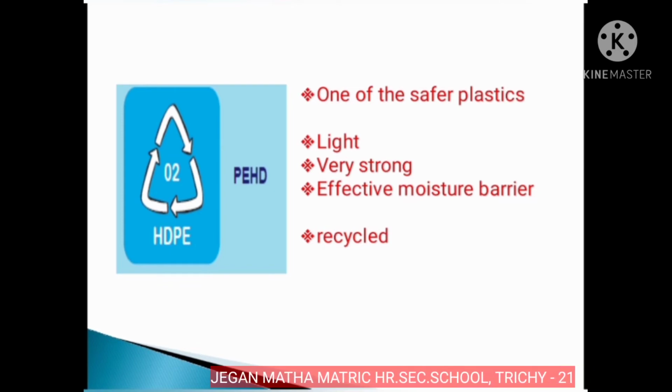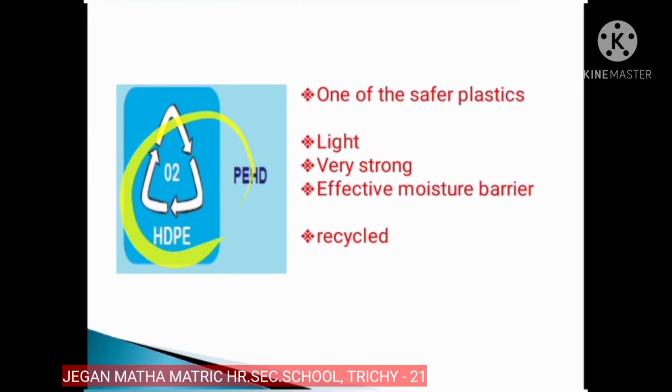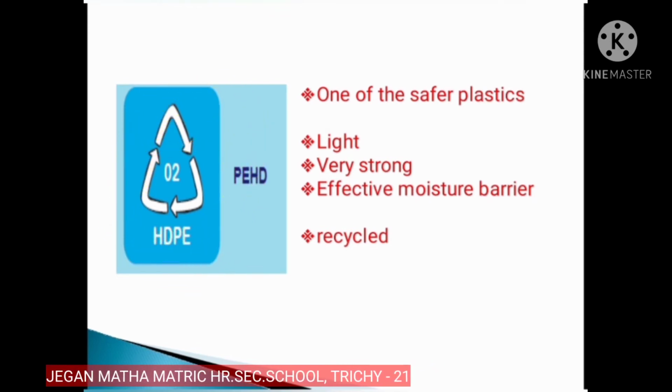This type of plastic is considered one of the safer plastics. It is light, very strong, and has excellent impact strength. It is an effective moisture barrier. It is widely recycled. So resin code 2 is a safer plastic.